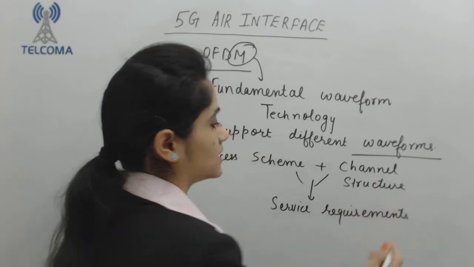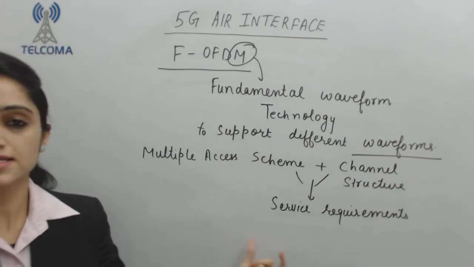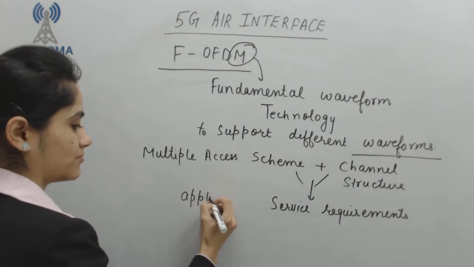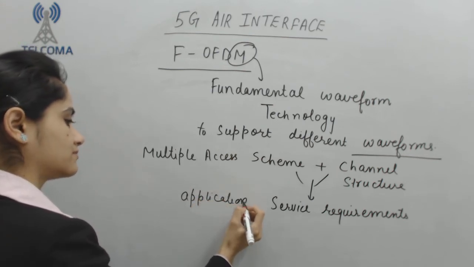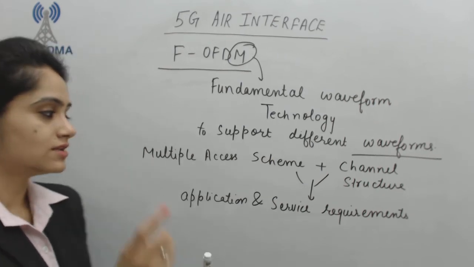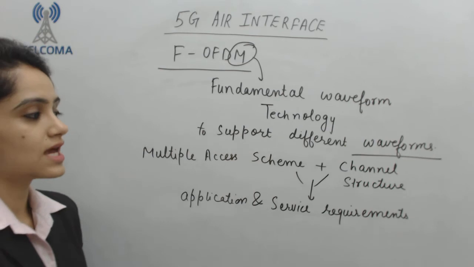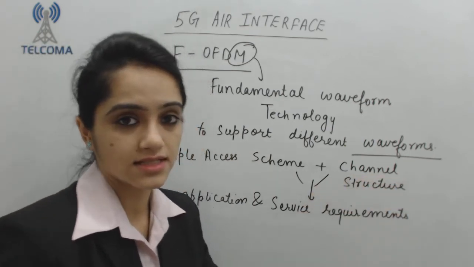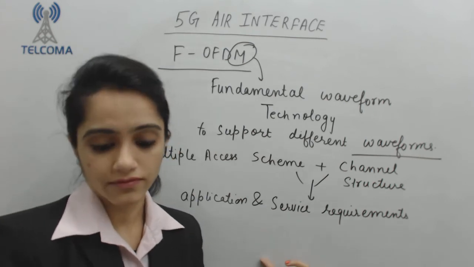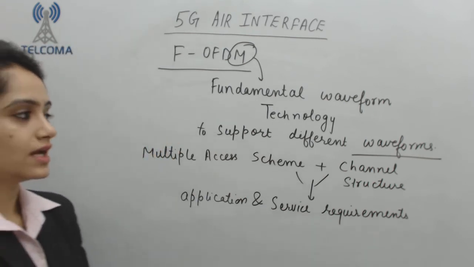So we will use a multiple access scheme as well as different channel structures, and this is as per the service requirements or application requirements. This is totally based on the choice of multiple access scheme which we are going to use, as well as the channel structure, which is dependent on what type of application and what type of service requirement we have.